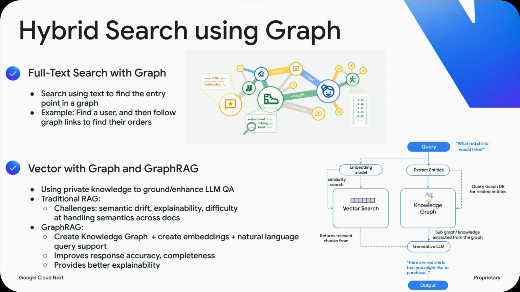With graph, you can model the relationships directly in your data as a knowledge graph. If, for instance, you know that a set of documents are connected and describe one particular product or feature, you could link them all together. Then when you're doing RAG with graph, what we call graph RAG, you start with your vector search, figure out the most relevant starting points, and then expand the context based on the relationships you have defined in your graph.